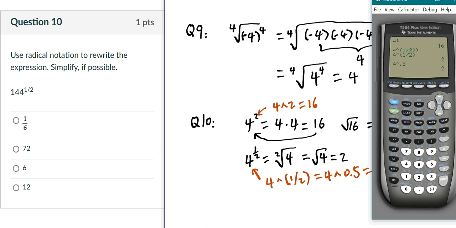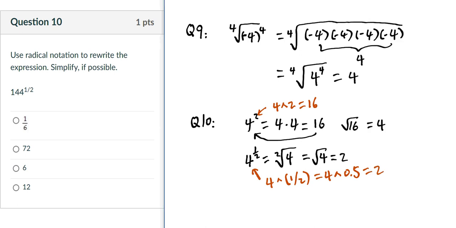So this is the way to do the square root. The answer for question 10 then would be easier as 144, arrow, 0.5. That's 12. So the answer is the fourth choice.